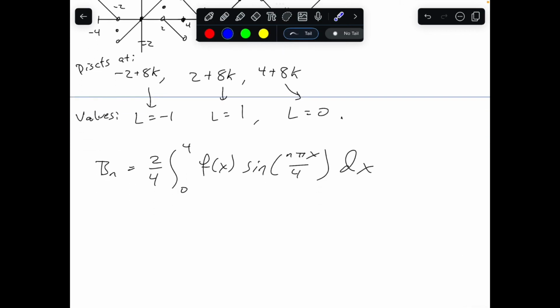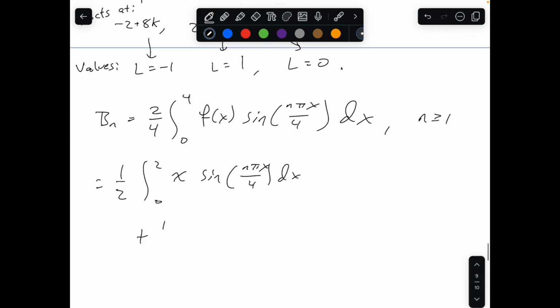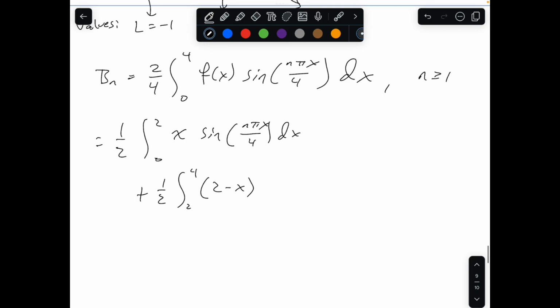There's no n equals 0 term here. This is for n greater than or equal to 1, right? So this would be 1/2 times the integral from 0 to 2 of x, plus 1/2 times the integral from 2 to 4 of 2 minus x. I think that's the other function. Yeah, 2 minus x times sine of n pi x over 4.